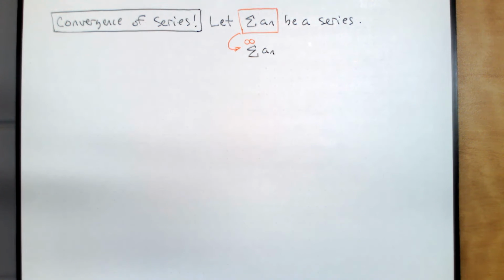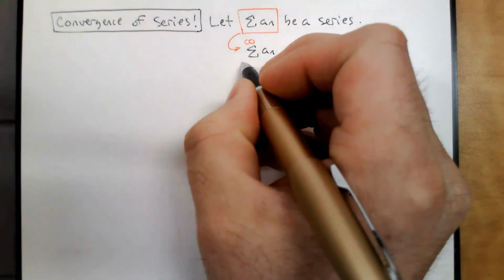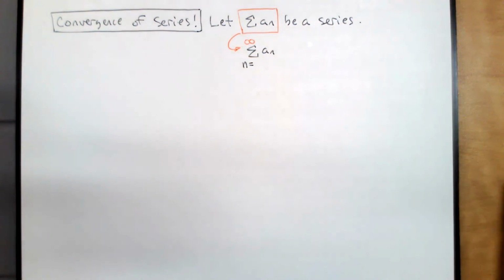That's going to be our shorthand for an infinite series. Notice I did not include the n equals. The aforementioned laziness is trying to get me to write as little as possible.